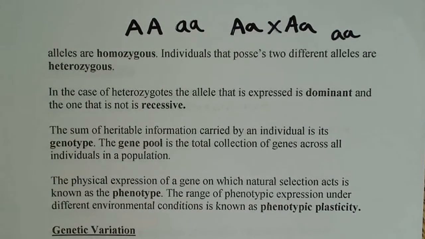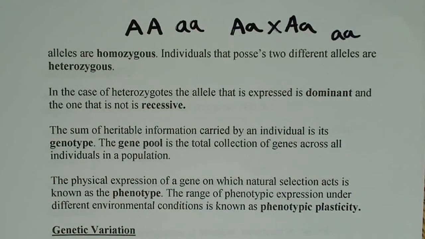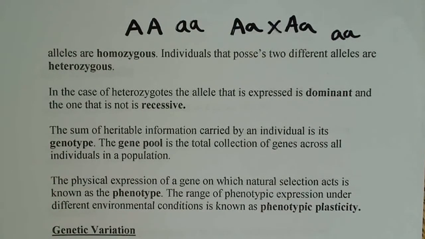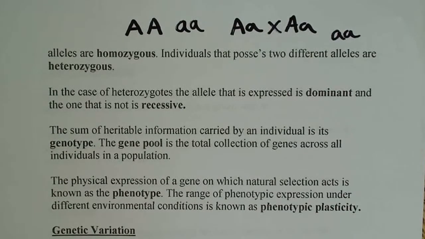So what you see expressed, your hair color, for instance, is a phenotype. That's a phenotypic trait. It's expressed and shown, and we can see it. And natural selection, which again is the differential success of individuals within the population, results from interactions with the environment. Those things can be changed depending on the environment.